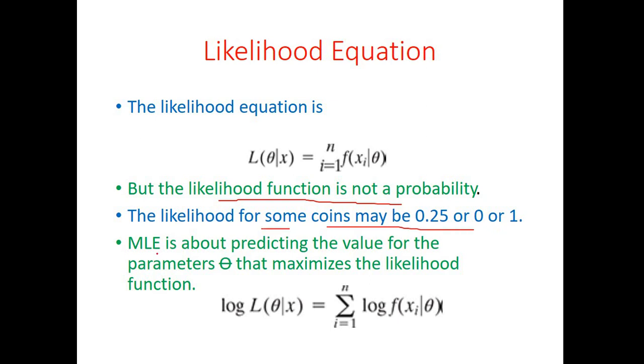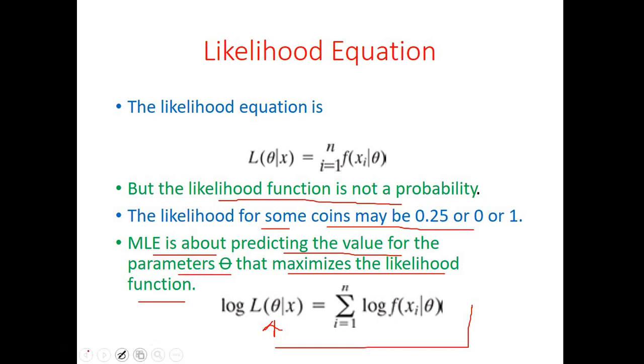MLE, that is maximum likelihood estimation, is about predicting the value for the parameter theta that maximizes the likelihood function. So here our objective is to find the parameter value theta that maximizes the likelihood function. This is the maximum likelihood function that is used for finding the value of the parameter theta.